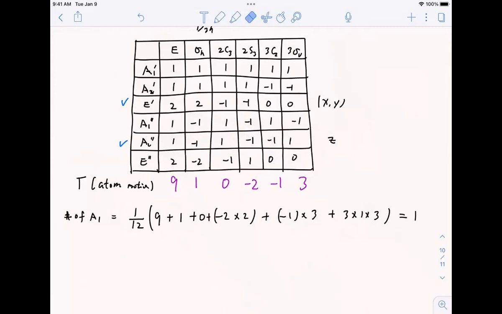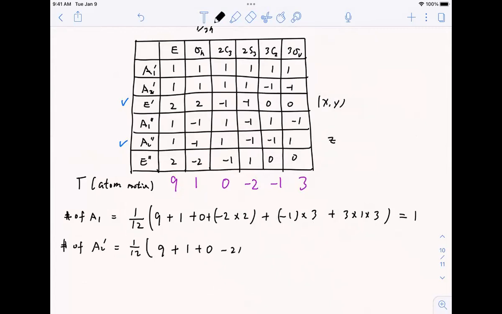So the number of A2 prime will be 9 plus 1. This will be 0. This one is easy. 0, always 0.